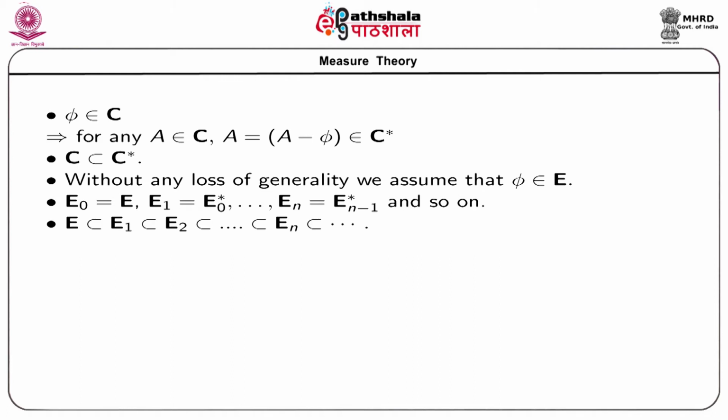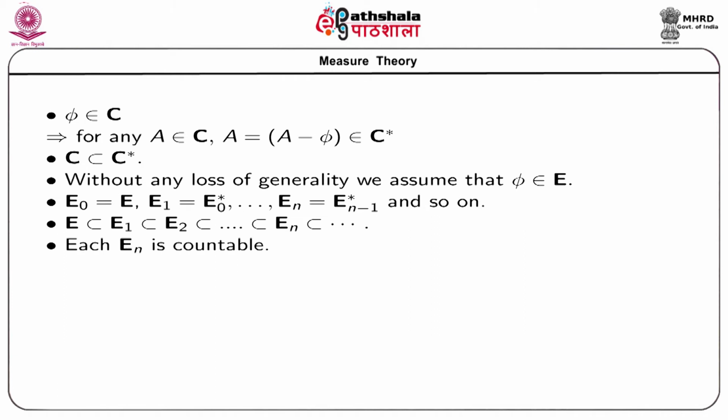Observe that as phi belongs to E, so E is a subset of E star, that is E1, this is a subset of E1 star, that is E2, this is a subset of En. So, we have a monotonically increasing sequence of collections of sets.